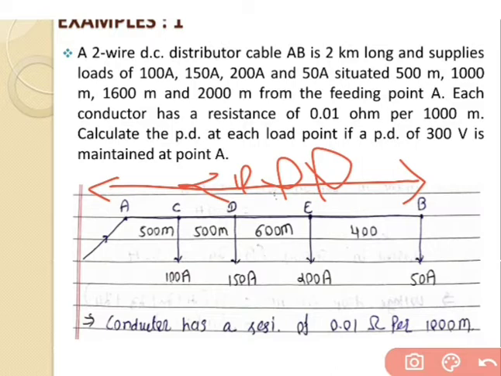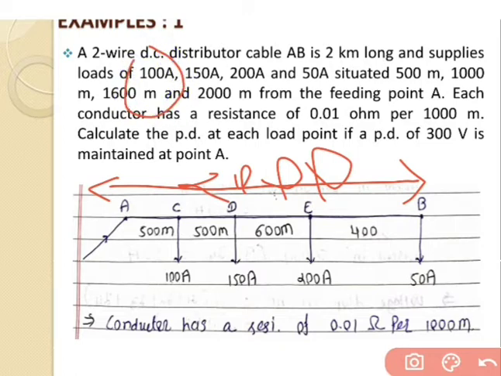So the whole length of the AB distributor is 2000 meter. It supplies loads of 100 ampere, 150 ampere, 200 ampere and 50 ampere. So there are 4 tapping points, 4 loading conditions given in this example. We can start with the first one, 100 ampere.